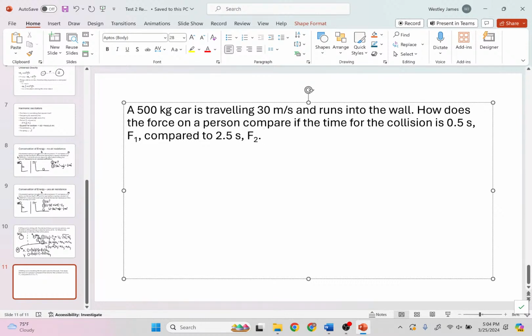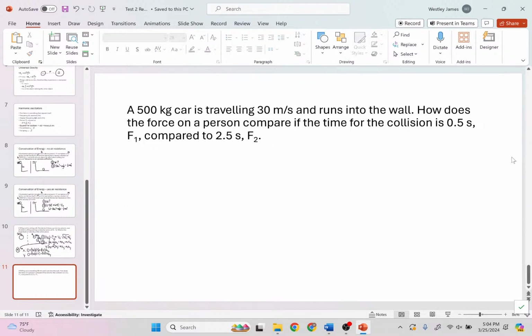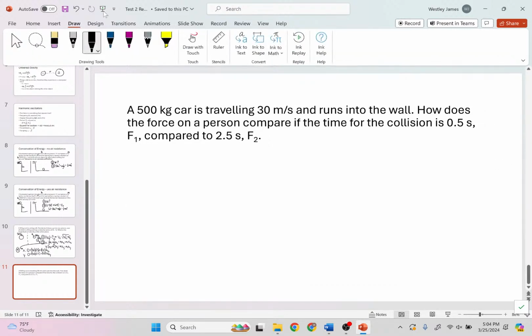Whenever you see a problem where it says, how does this compare to this? You immediately need to find the equation that relates the variables you have to the thing you want. So, what variables do I have and what do I want? It is kind of like the Gibbons missing kind of thing. I have initial velocity, final velocity, mass, and time, and I am curious about the force.